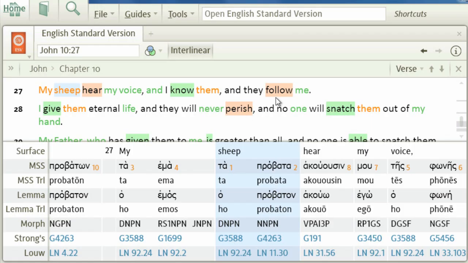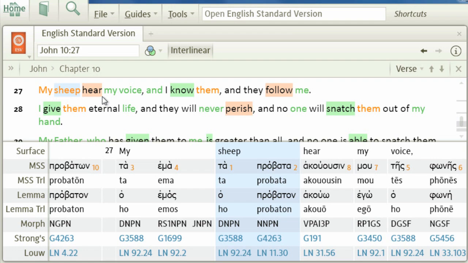Also, if this was green instead of orange, we would know that the sheep also follow the shepherd as a collective whole. But instead, these English verbs have been highlighted orange because the underlying Greek verbs are plural in grammatical number.